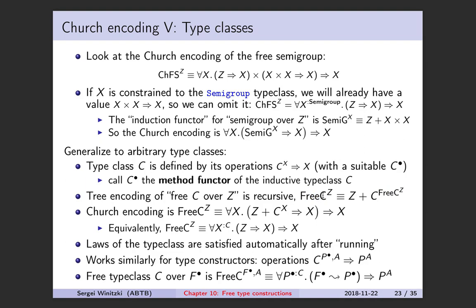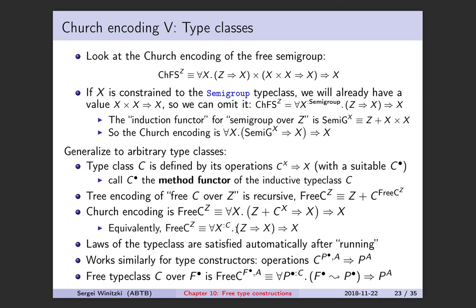So the free C generated by Z, or free C over Z, is a recursive type defined like this. The church encoding would be like this, because we replace the recursive use of the type through the type parameter x.